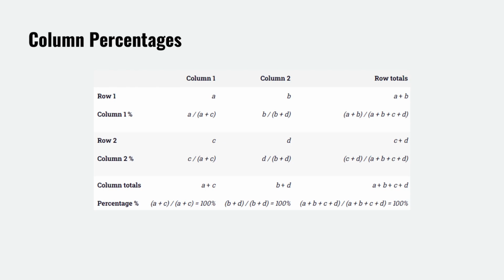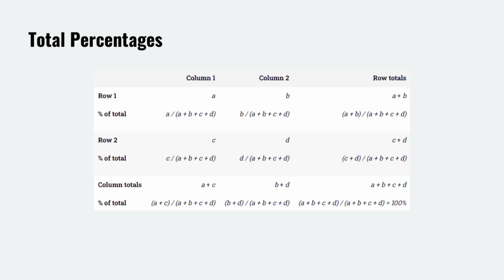And again, this implies that the percentages in the column totals row must equal 100%. And lastly, we have the total percentages. Notice that when total percentages are computed, the denominators for all the computations are equal to the total number of observations in the table, and this is A plus B plus C plus D.